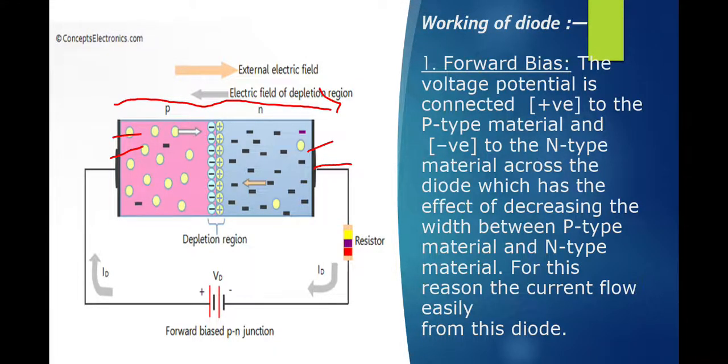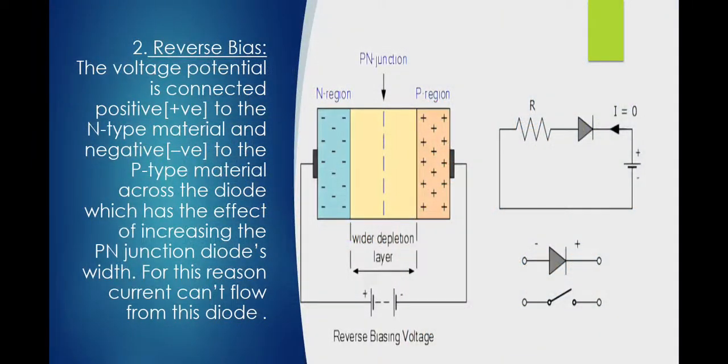Clear? I am telling you one more time. In forward bias, positive potential is applied to the p-type and negative potential to the n-type. Mark it. Next is reverse bias. Reverse bias is just the opposite of forward bias. Here negative charge is applied to the p-type region, whereas positive charge is applied to the n-type region.